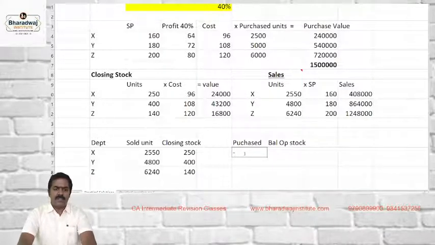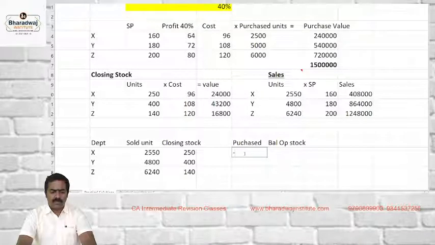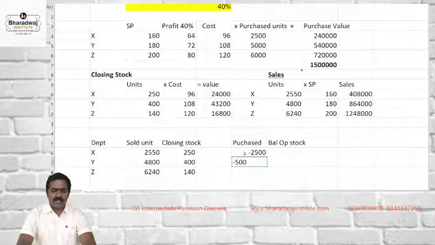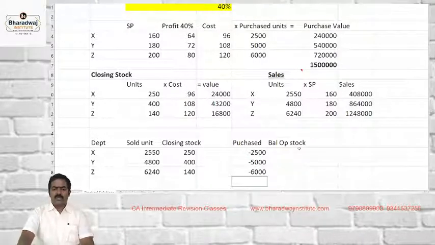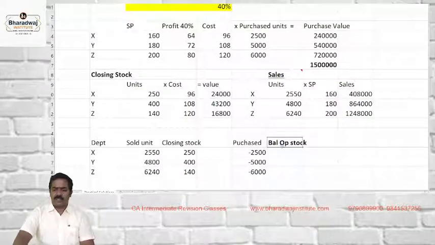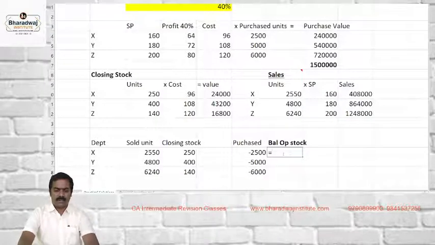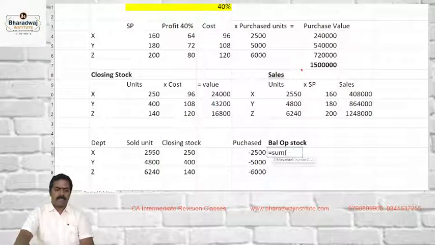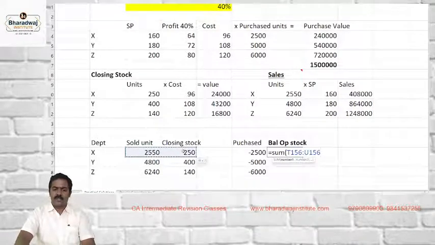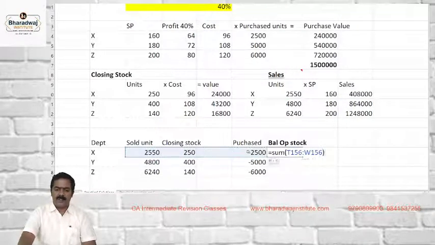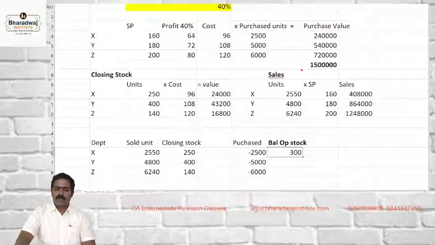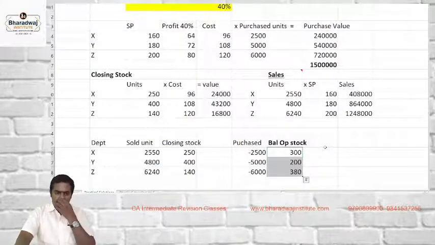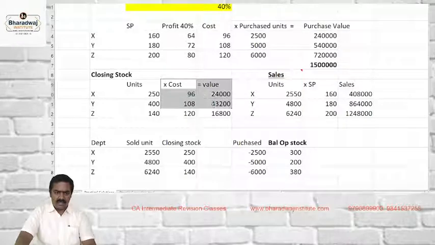How many units for X? 2,500 we purchased. 5,000 we purchased out of this. 6,000 we purchased out of this. So balancing figure would have been taken from which stock? Opening stock. This you can multiply with cost and you will get the value.